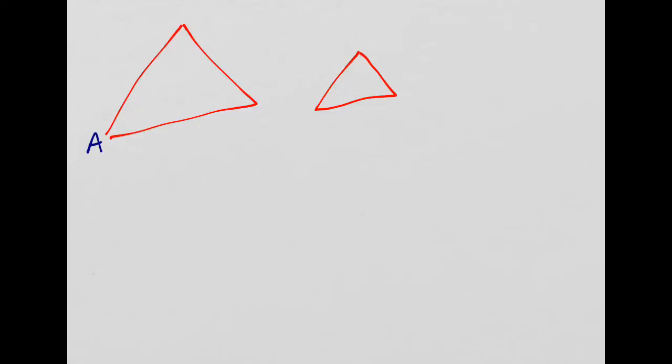Okay, I'm going to draw a couple triangles here, if my pen will draw. There we go. Imagine that these triangles look better than they do here. We'll call this one A, B, C, and this one X, Y, Z. I'm going to give you some information.